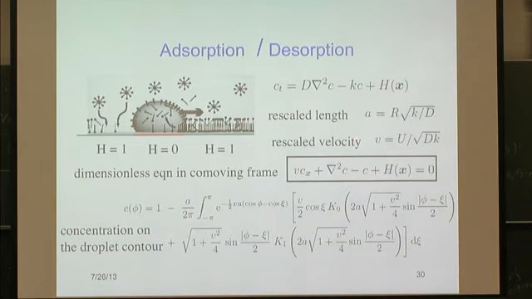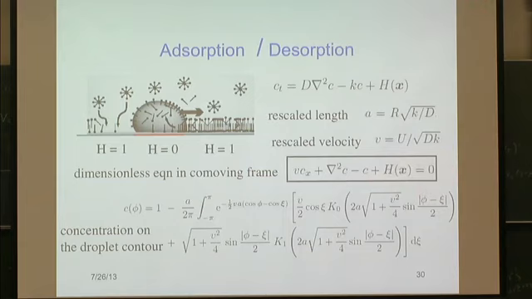This equation we can actually solve if we rewrite it in a comoving frame like this. We assume that the footstep of the droplet is circular, and then this equation can be integrated in a nice way.